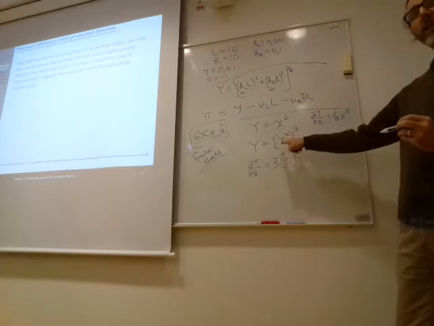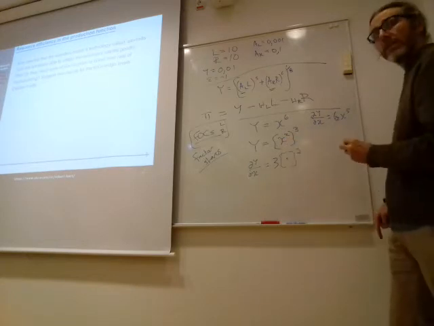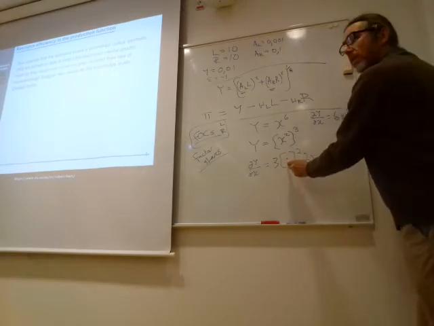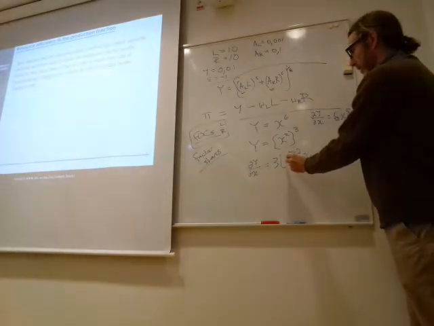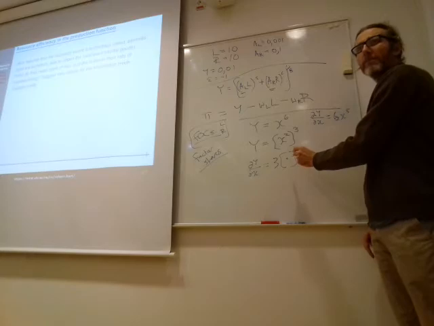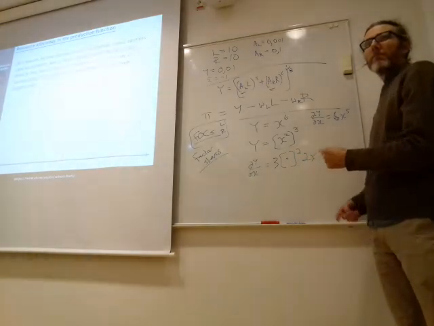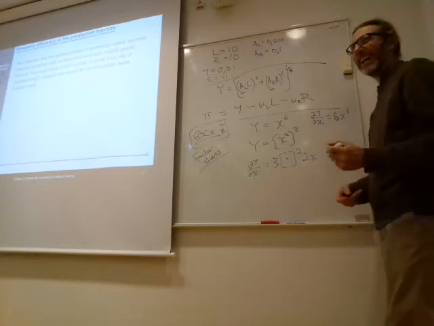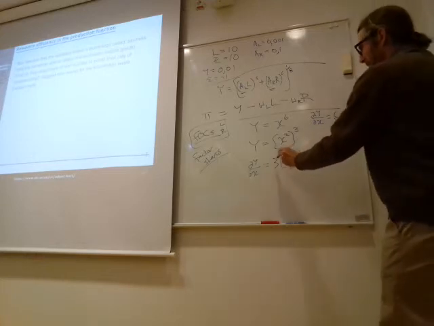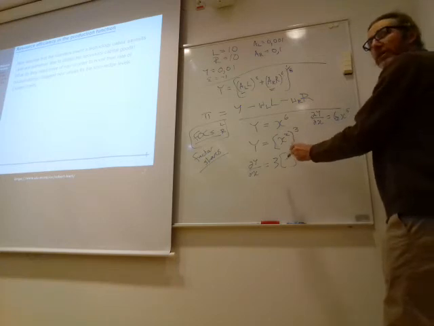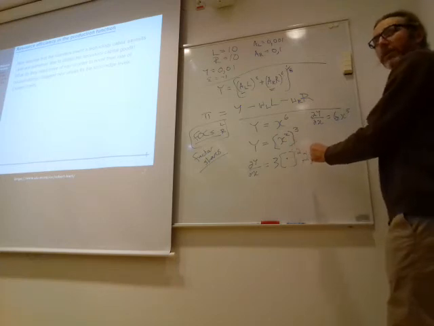So what's that going to give us? 2x. And this is x squared, isn't it? So what's x squared squared? X to the 4th. So we've got 3x to the 4th times 2x, which is 6x to the 5th.